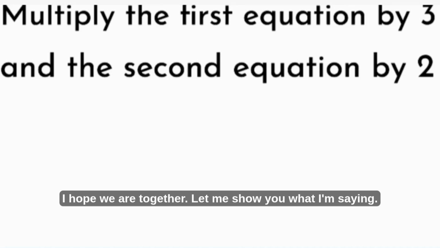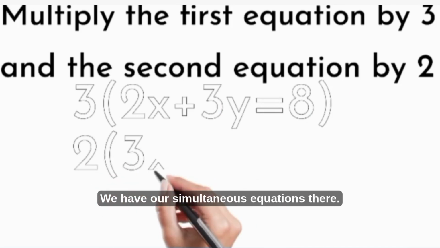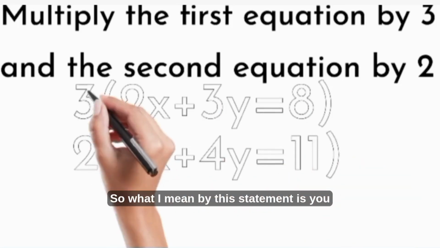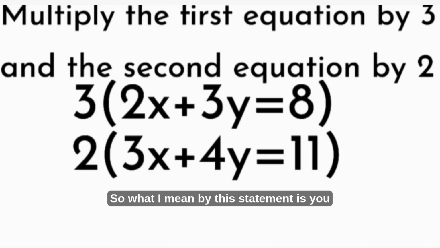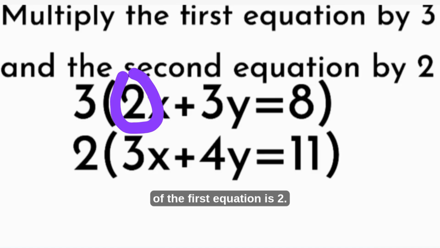I hope we are together. Let me show you what I'm saying. We have our simultaneous equations there. So what I mean by the statement is, you see, the coefficient figure of x of the second equation is 3, and the coefficient figure of x of the first equation is 2.